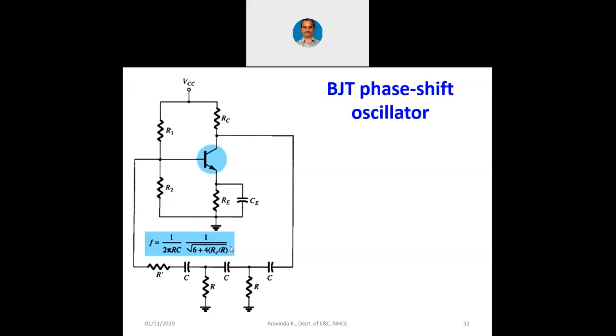That is the reason in the case of BJT, you will have to remember that the value for frequency is different. You will have to remember 1 over 2 pi RC root 6 for general op-amp or FET phase shift oscillators. But if it is with BJT, then you will have to remember this formula 1 over 2 pi RC root 6 plus 4 into RC by R. Okay.